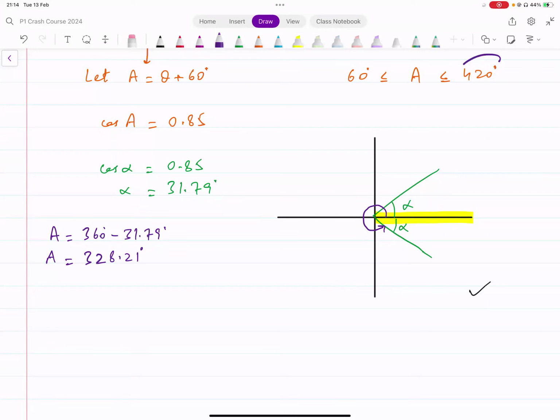But now notice the interval is going above 360. That means you also have to check if you get any angles after completing one full circle, right? Because the upper limit is more than 360. So we go one full circle and come back here again. What's that angle?